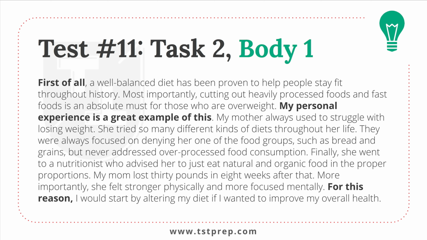Most importantly, cutting out heavily processed foods is a must for those who are overweight. All right, so talking about people who are overweight and how to stay fit. And then they give the example and connect the example back to the topic. For this reason, I would start by altering my diet if I wanted to improve my overall health. That's the structure pretty much.